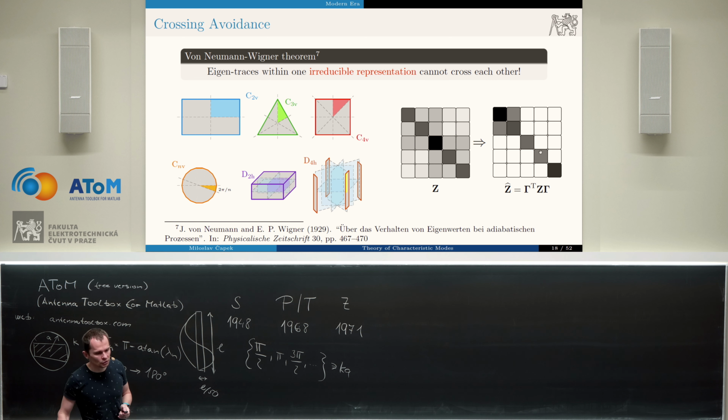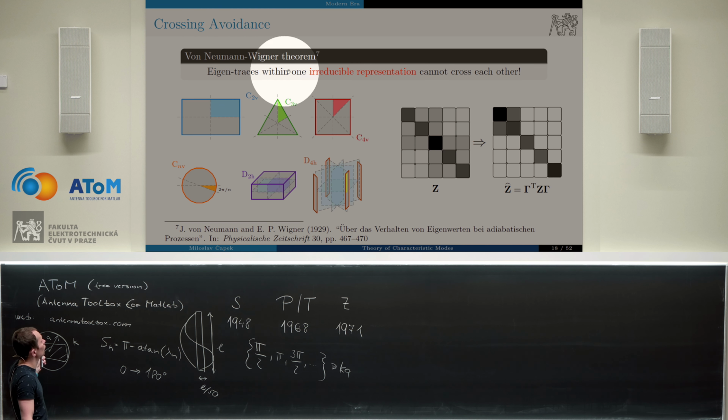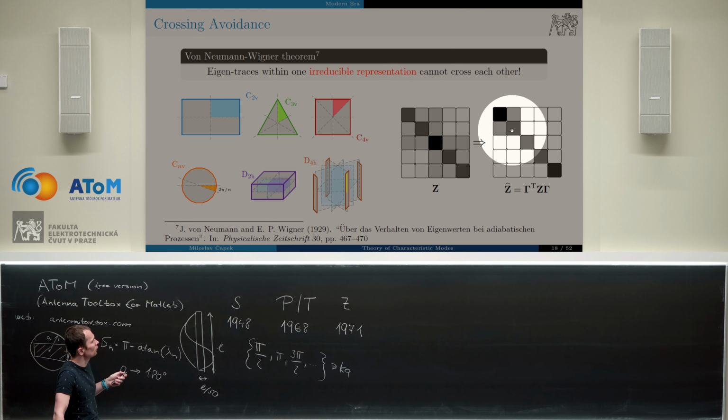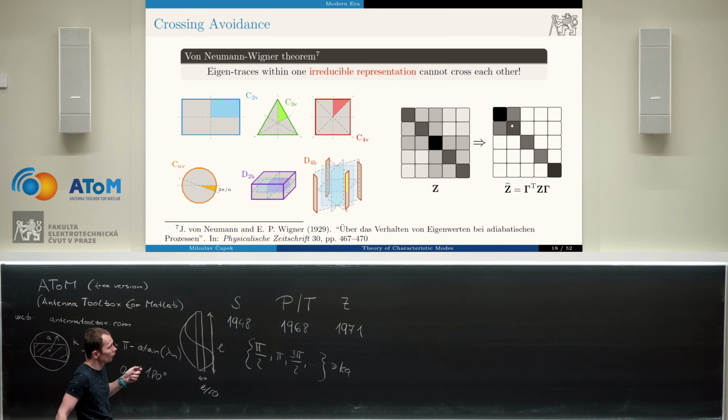The second advantage is coming from a reading of this implication of the von Neumann-Wigner theorem, that actually only eigentraces within different irreducible representations can cross each other. That means that an eigentrace from this block can cross an eigentrace from this block. But two eigentraces which are products of decomposition of one block, they cannot cross each other.